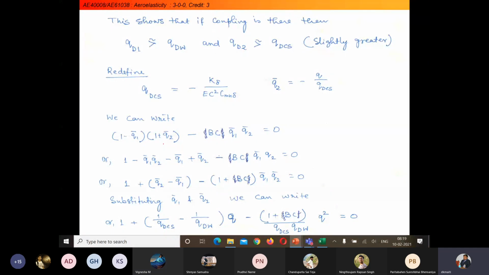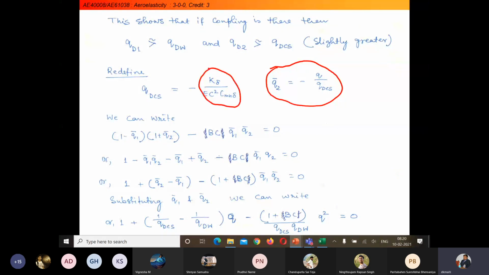With this condition, we have redefined the control surface divergence as minus K delta divided by E c square CMH delta. Instead of plus, we have taken minus here, and we redefine Q2 bar as minus Q by Q divergence control surface. Then I rewrite the expression as 1 minus Q1 bar multiplied by 1 plus Q2 bar, minus BC Q1 bar Q2 bar equal to 0.